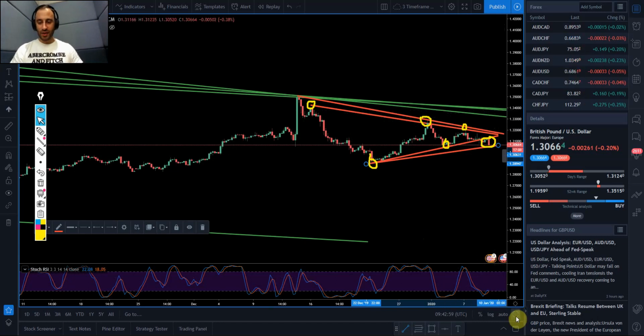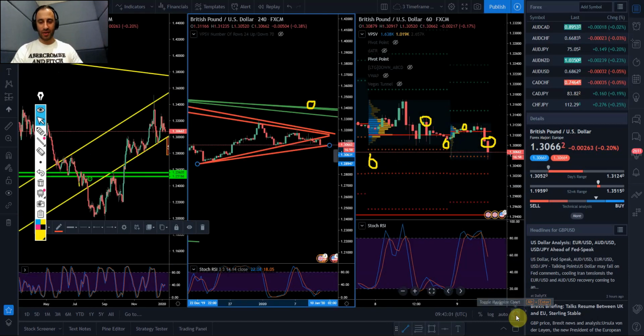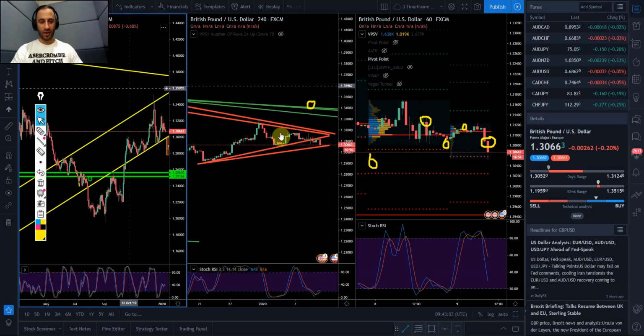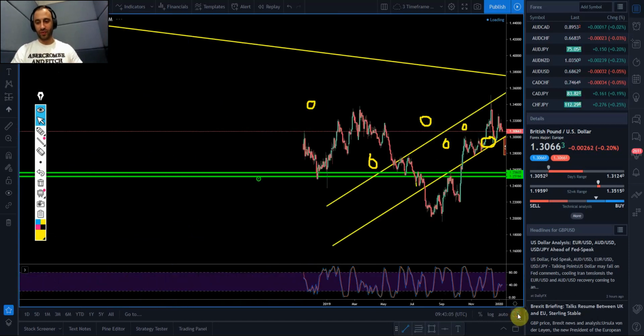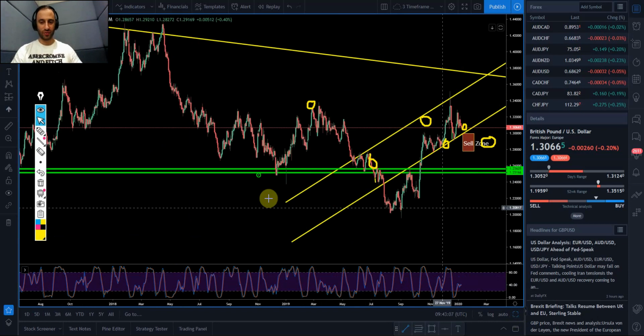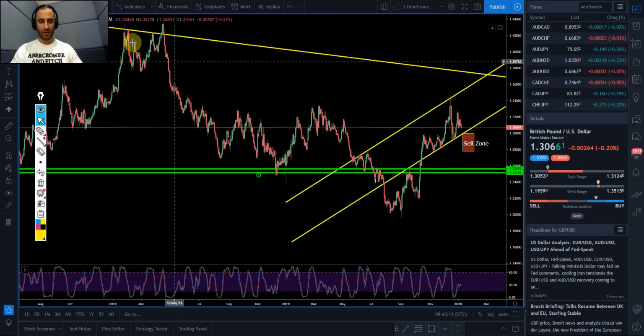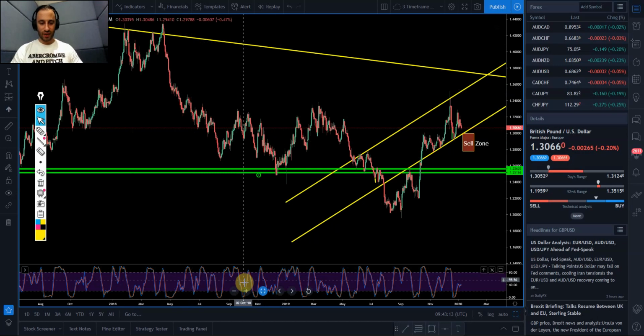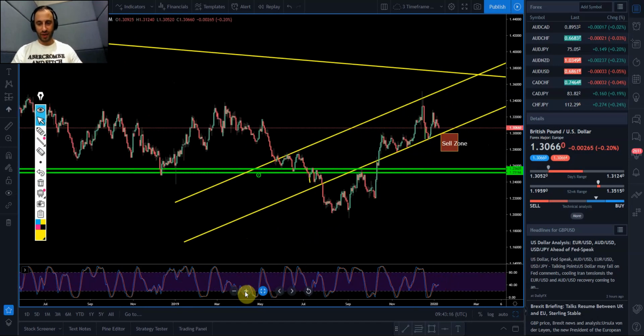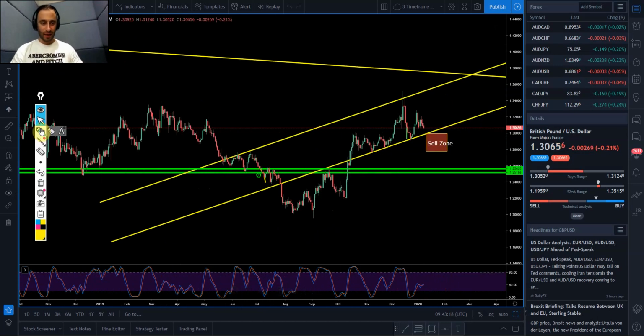So, as I just said, why don't we go and look at this example on a higher time frame? If we've got a 4-hour chart triangle, we may as well look at the daily chart. And here's what I've got on the daily chart. I've got basically a support line, and you can see that this line is reactive on both resistance and support.